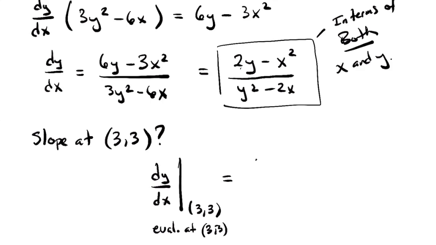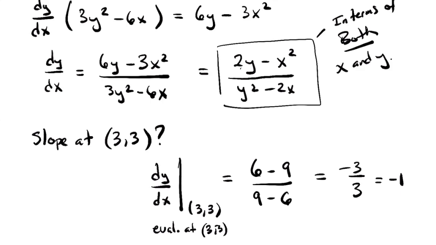So 2 times 3 is 6, and 3 squared is 9. The numerator is 6 minus 9, and the denominator is 9 minus 6. 6 minus 9 is minus 3, 9 minus 6 is 3, and that ratio is going to be -1. So the slope is -1 at that point.